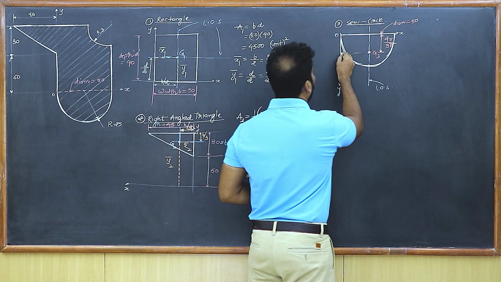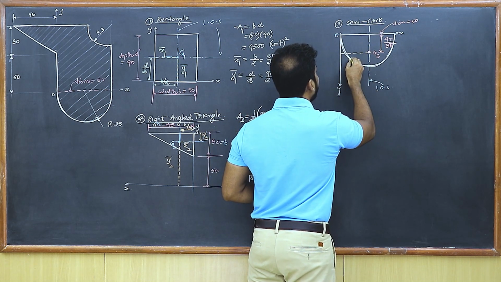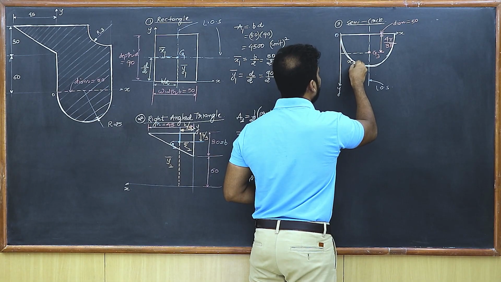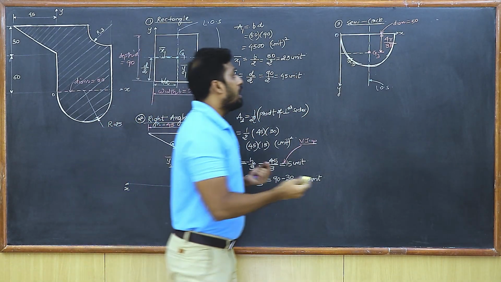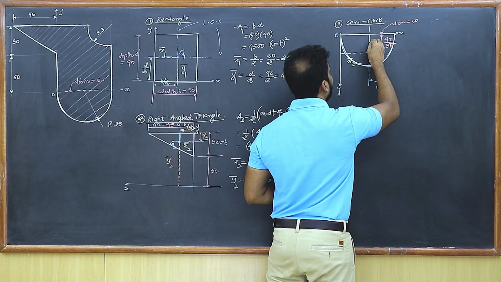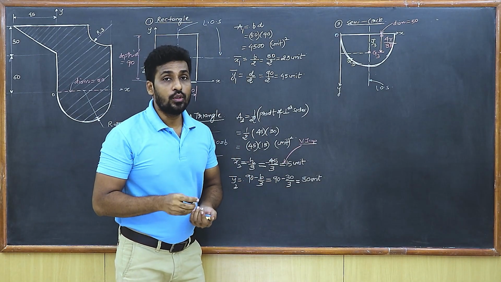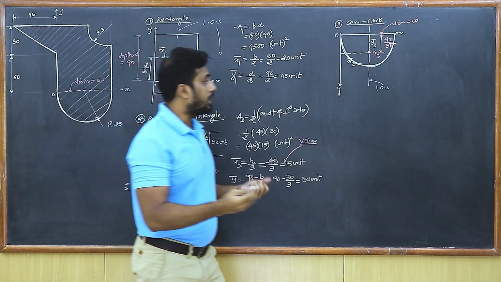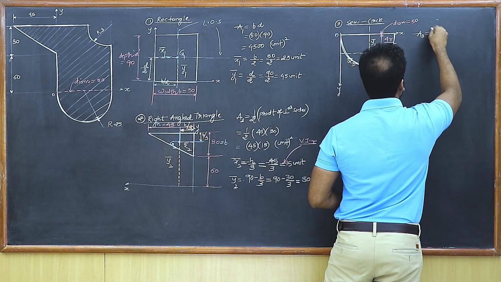The distance from the y-axis becomes x bar, and students, the distance from the x-axis becomes y bar. Now, the very first thing that I'm going to do is I'm going to write the area. So let's write the area very quickly. So I'm going to write here A3. It is going to be a semicircle.